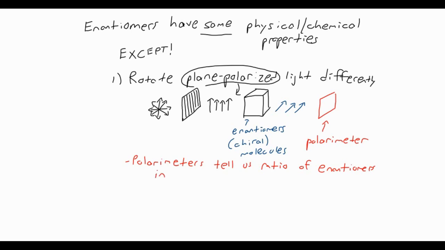But if we steadily add in the other enantiomer, then that light will rotate less and less until we reach a ratio of 50-50. So 50-50 mixtures of enantiomers will not rotate plane polarized light.